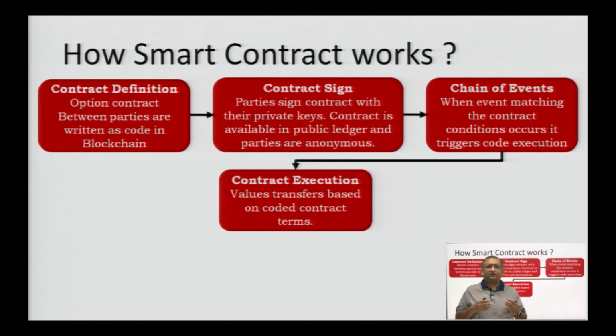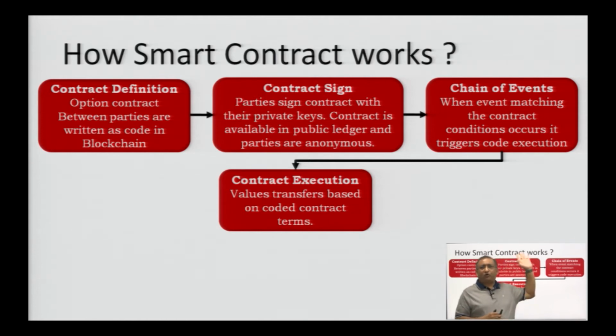Then second is the chain of events. After signing it, whenever a matching external event happens, it triggers code execution. When it triggers code execution, the contract execution comes into the picture. The value transfer or settlement can be done only based on the coded contract terms.